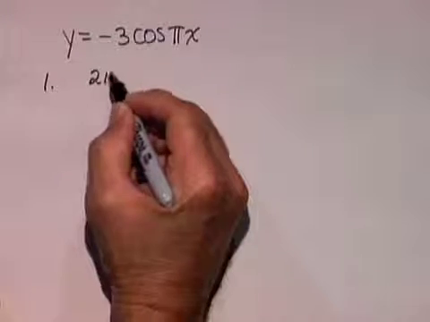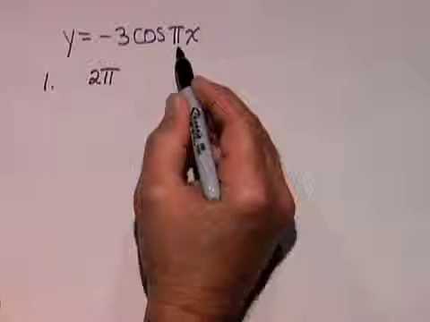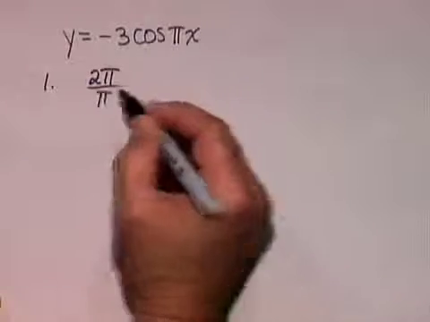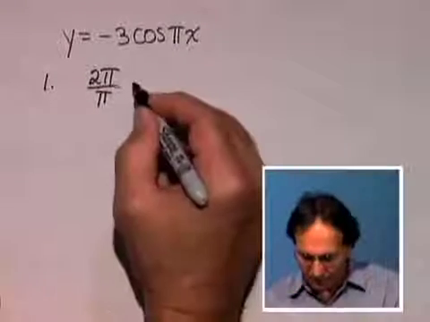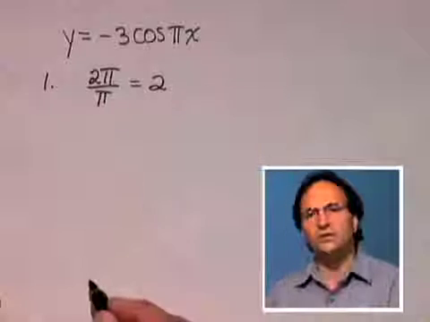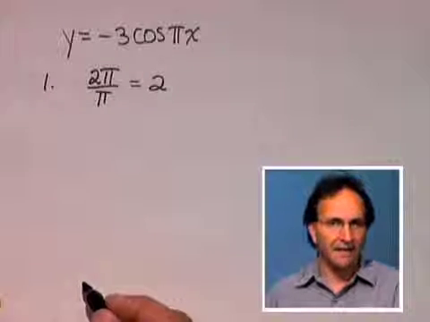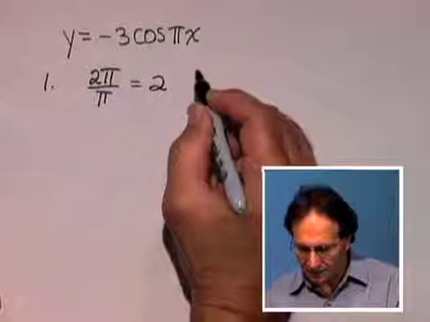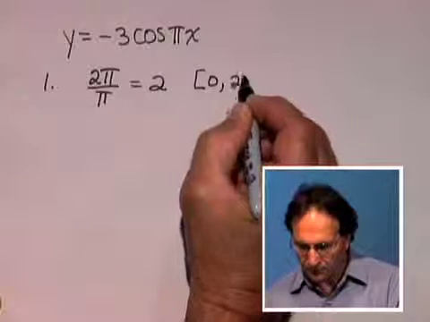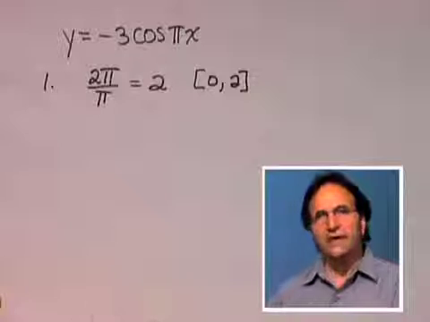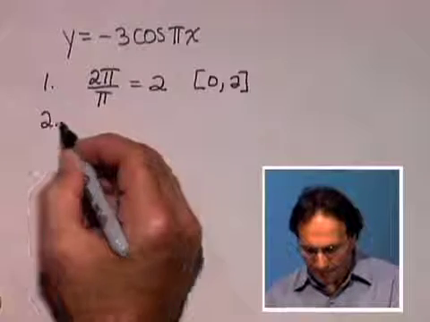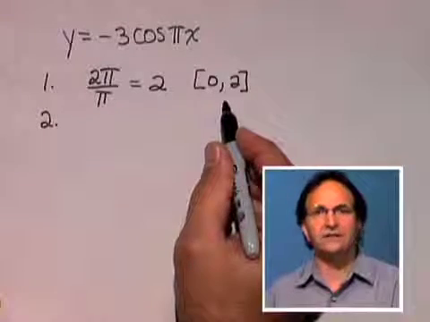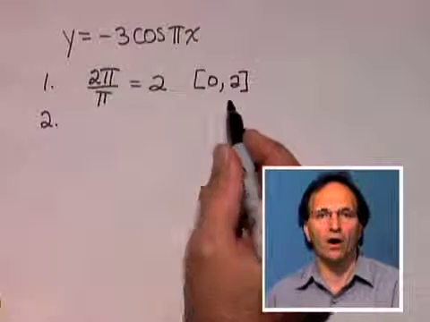The period is 2 pi divided by b, and b in this case is pi. Therefore, the period is 2. And that means that one complete cycle occurs within the interval 0 to 2. Step 2 is to take that interval and divide it into 4 equal parts.